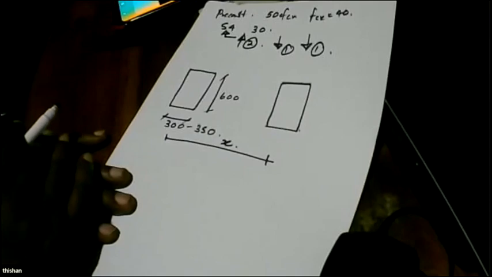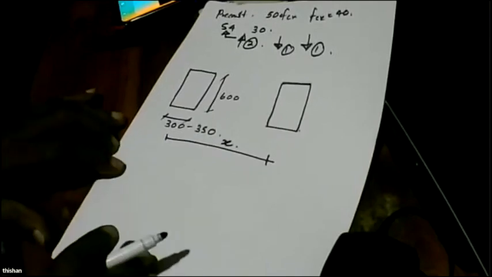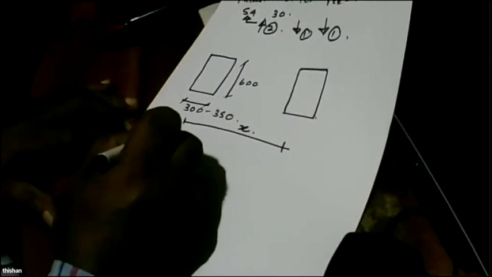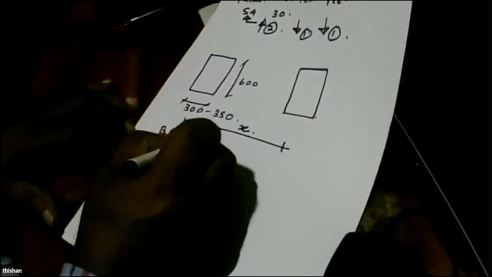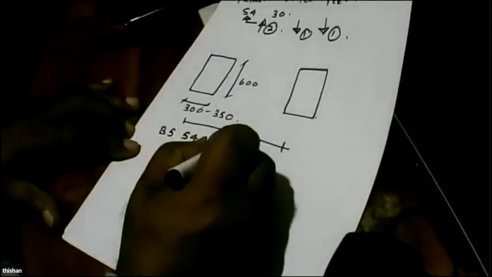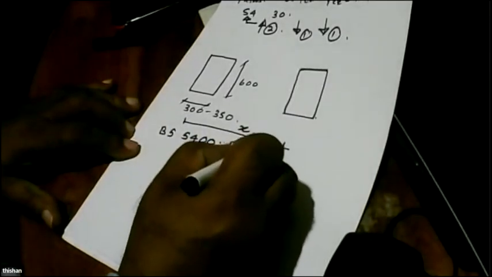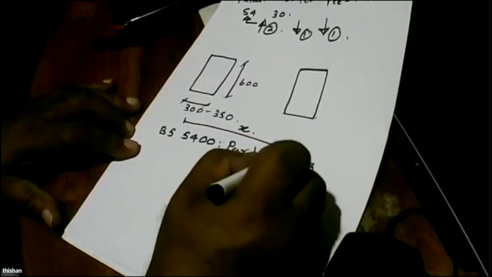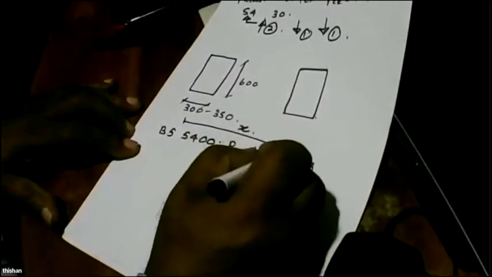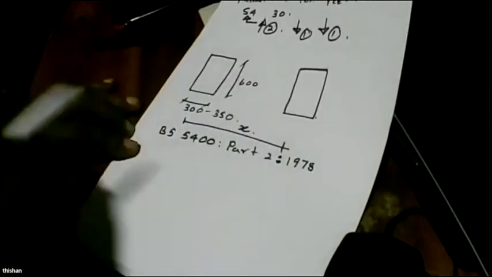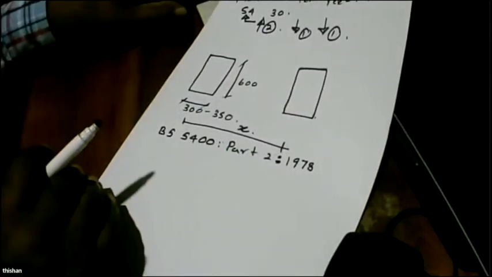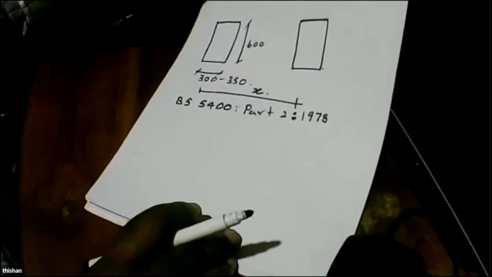So now we have to think about the loading. Let's say we are going to use BS 5400 part 2 loading of 1978. We may not be doing this kind of bridge on a major highway, and we want a cost-effective bridge.